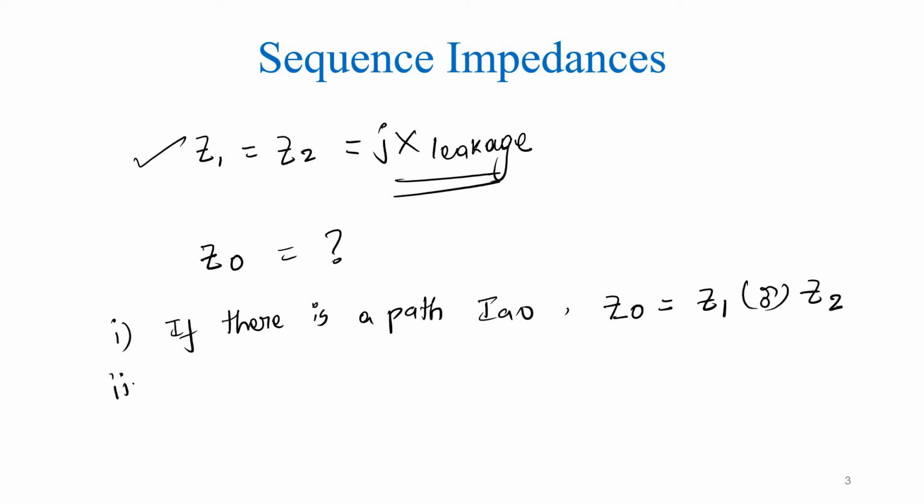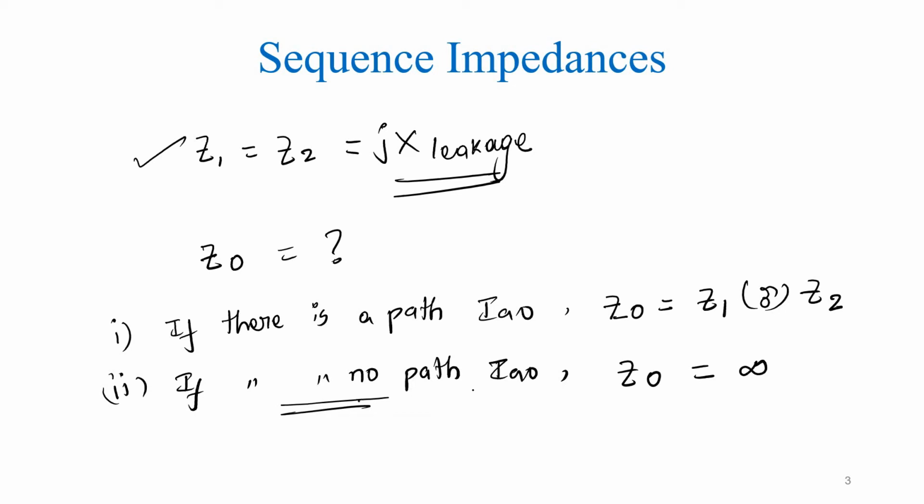Second case: if there is no path for the zero sequence currents, then the zero sequence impedance will be equal to infinity. You can understand this point. There is no path for the current. It is a simple basic condition: if the current doesn't have any path, that is an open circuit. Under an open circuit condition, the impedance will always be infinite.